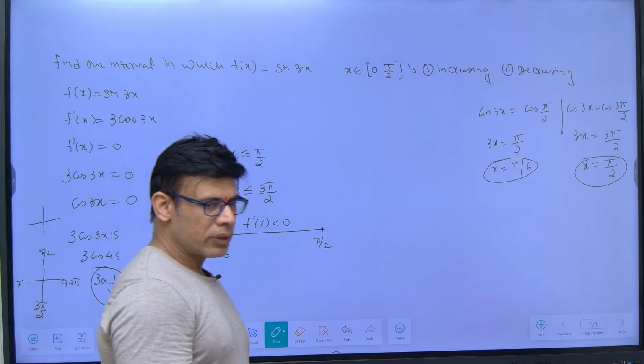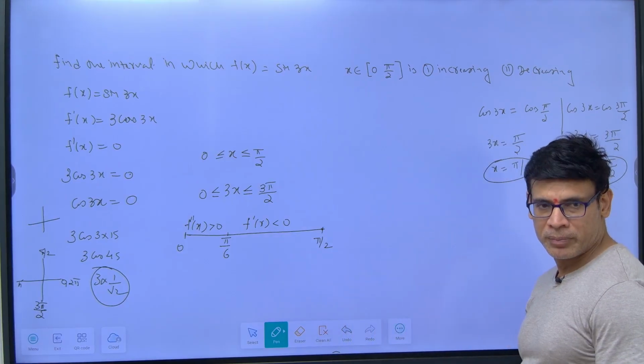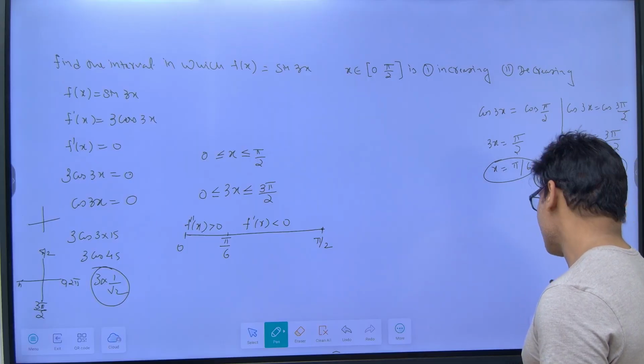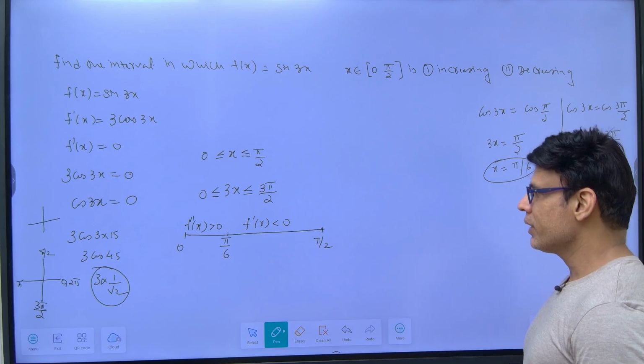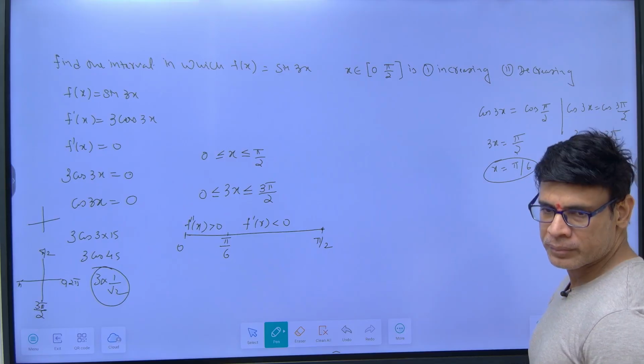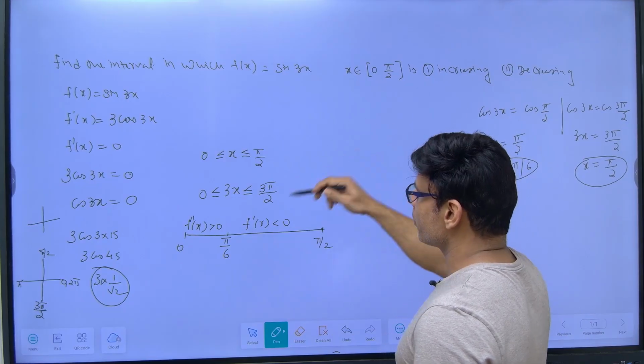So therefore, in which interval is this increasing? 0 to pi by 6. 0 is included, so increasing from 0 to pi by 6.